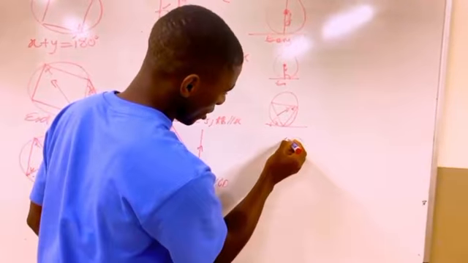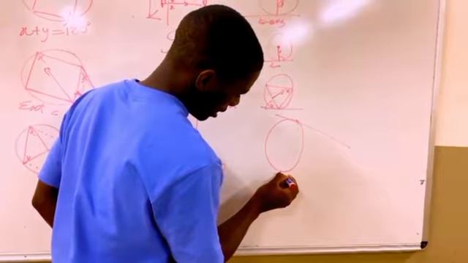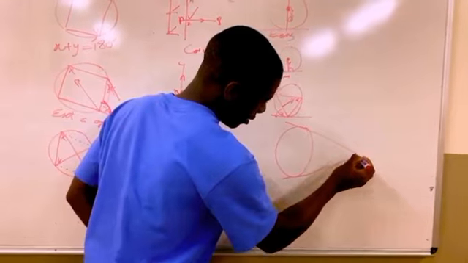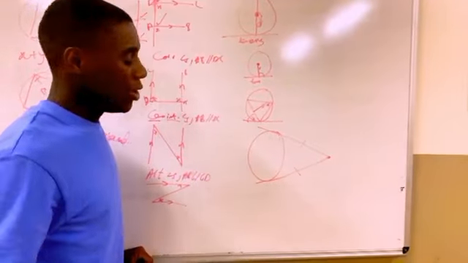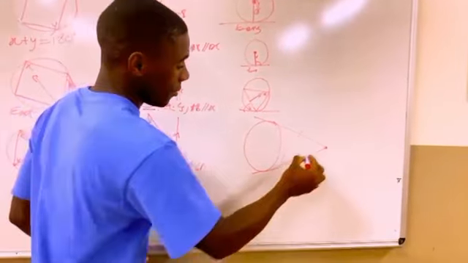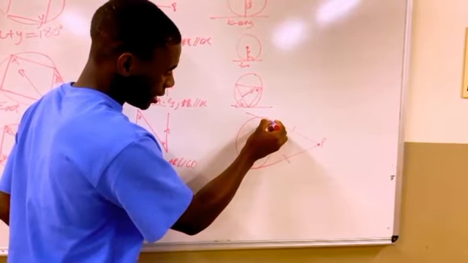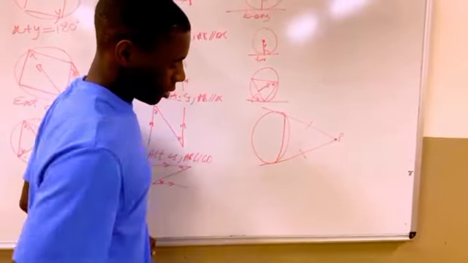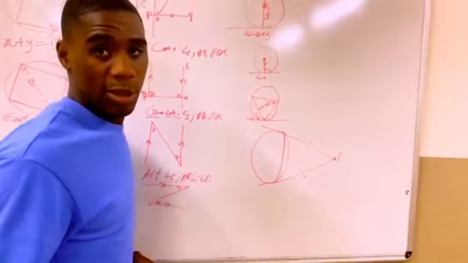Then we have another one. We say the tangents that are from the same point are equal. In most cases, when they present it in an equation, you find that maybe there is a chord here. If there is a chord, it means this is another type of triangle.